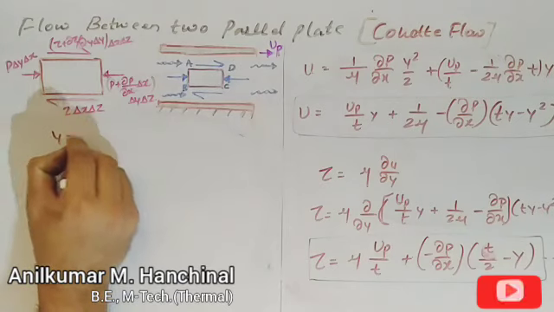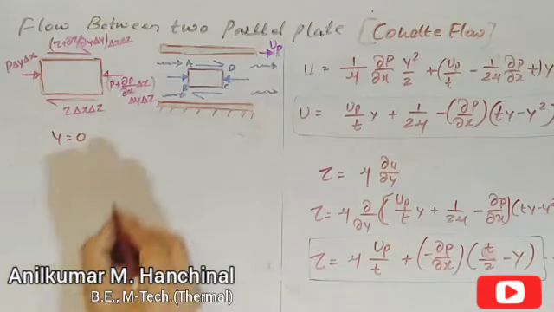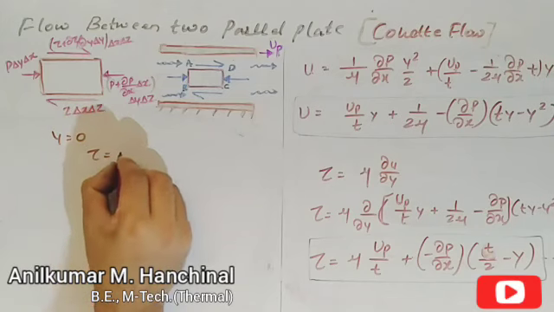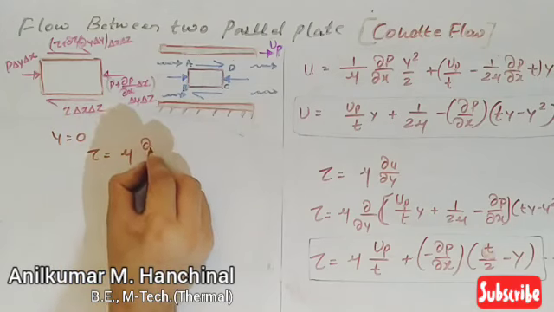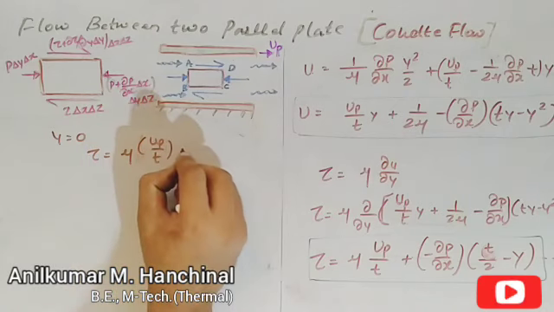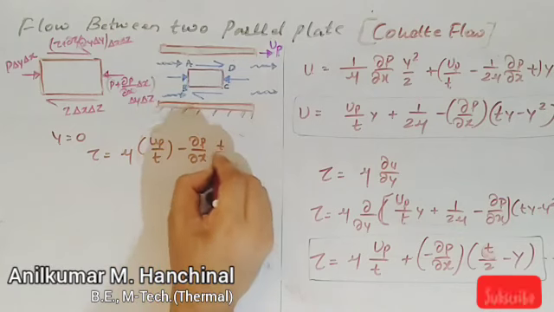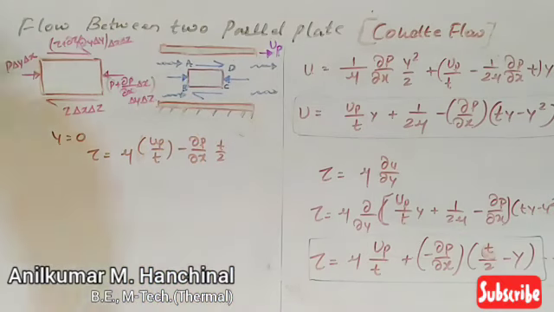When y is equal to 0, if I put y equals 0, then the shear stress tau will be equal to mu Up divided by t minus dou p by dou x t by 2. So this is a value.